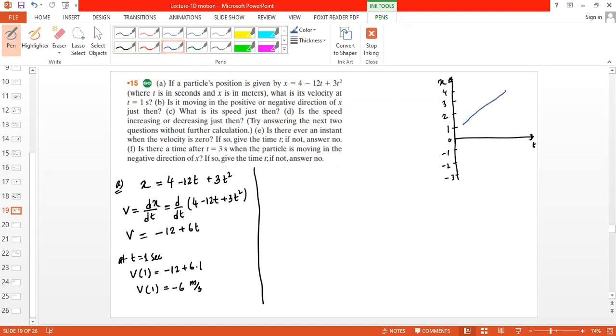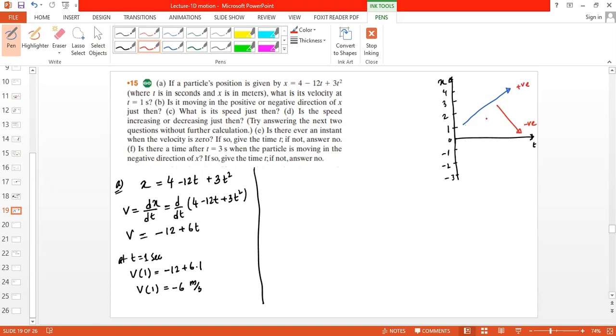This is a position versus time graph. So is this object going in positive x direction or negative x direction? This one is moving in positive x direction. What about this one? Let me draw another one, the straight one. This is going along negative x direction. Is it clear? Yes, sir. So this is negative x direction and this is positive x direction.